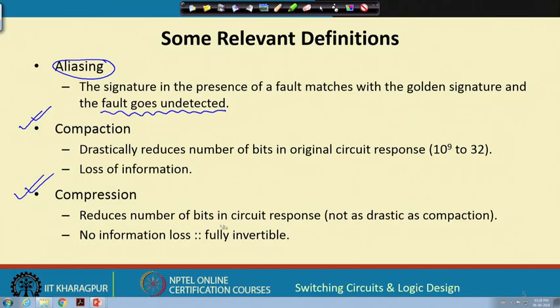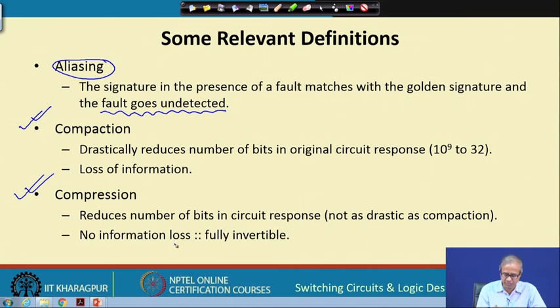They are used to reduce the size of a file, but this is a temporary process. Whenever we need the file again, we can unzip it, we can expand the file again and get back the original. So, this compression is a reversible process. You can do compression, you can again uncompress it. Okay? Reduces number of bits, but there is no information loss, it is fully invertible.